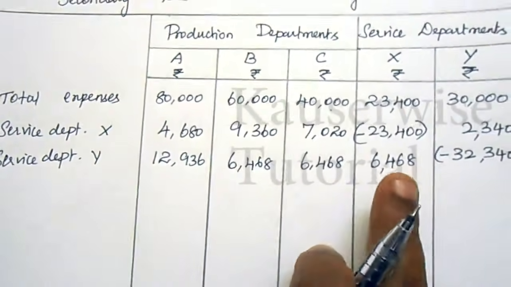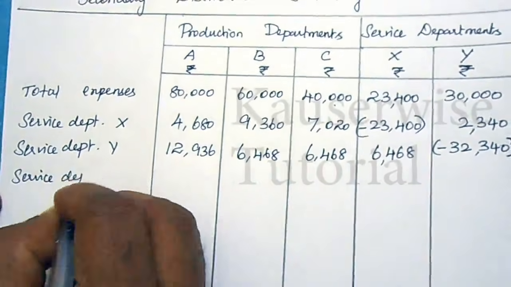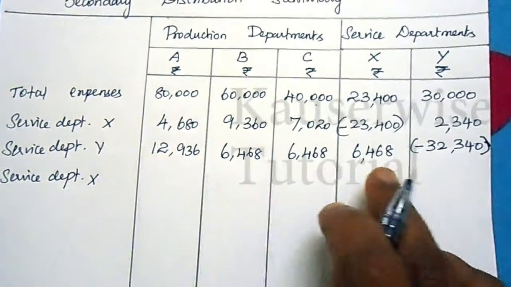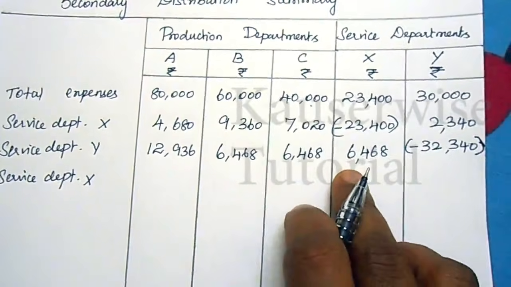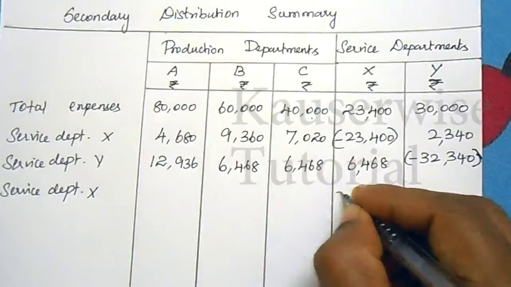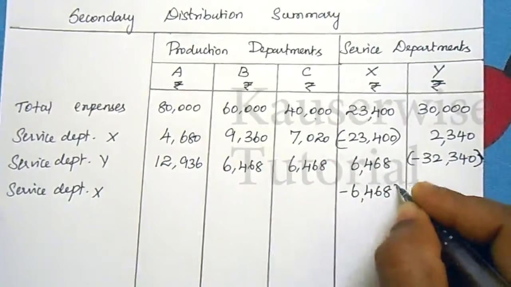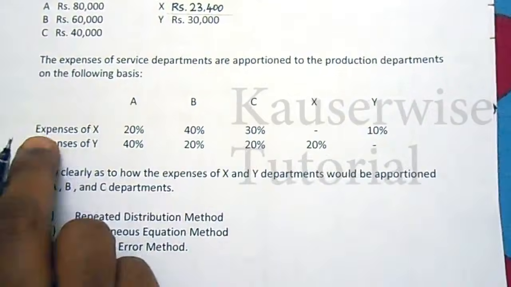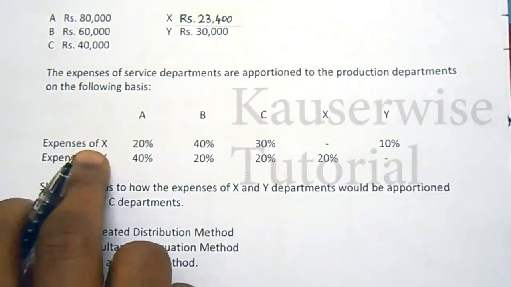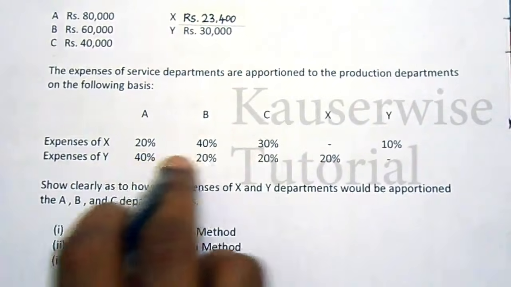Now go for the X department. So service department X. Okay, now X has 6,468. Now this will be transferred to all other departments. Minus 6,468. See the proportion. Expenses of X will be apportioned according to this ratio and expenses of Y will be apportioned according to this ratio.